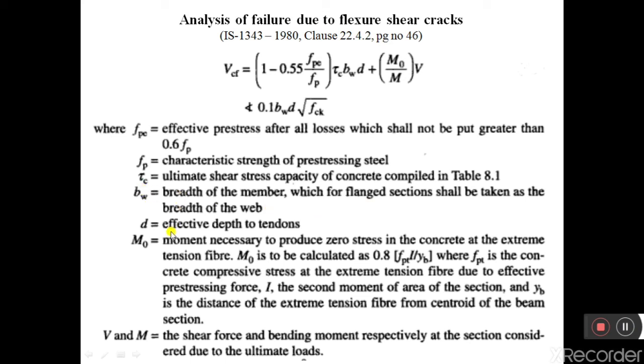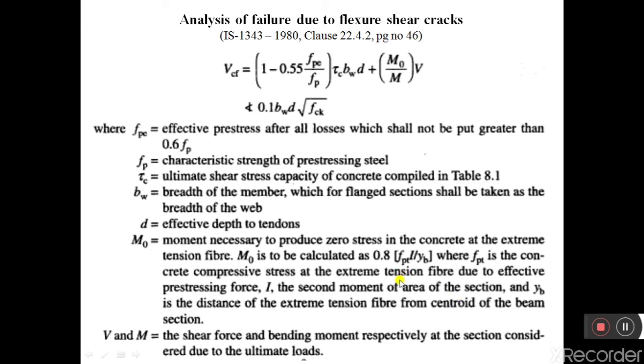D is the effective depth to the tendons, or the effective depth of a section. M naught is the moment necessary to produce zero stress in the concrete at the extreme tension fiber. M naught is to be calculated as 0.8 into FPT I divided by YB, where FPT is the concrete compressive stress at the extreme tension fiber due to the effective prestressing force.